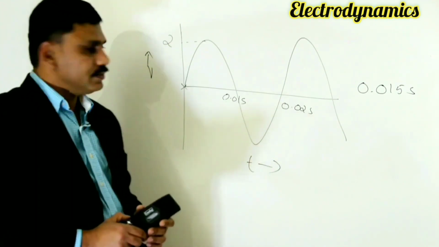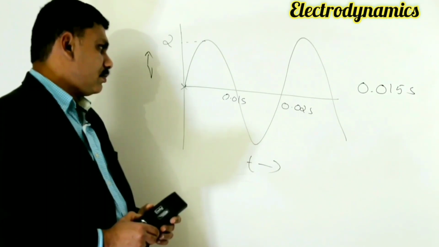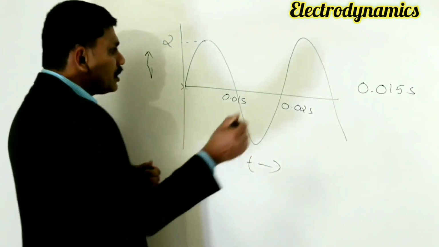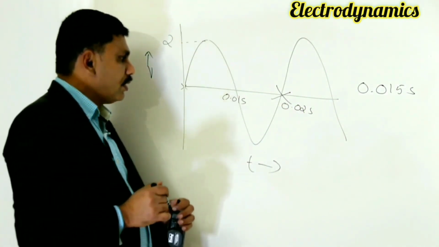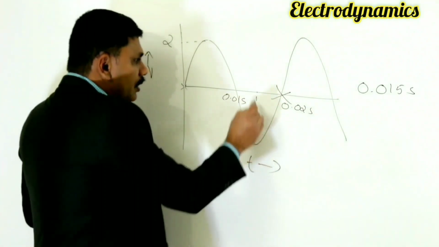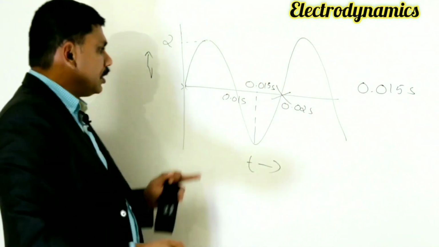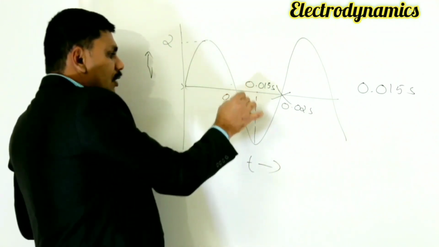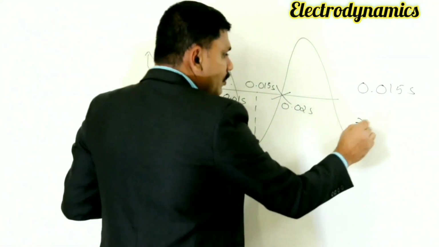How many rotations? How can you calculate it? This is one rotation. When the wave reaches here, this is one rotation, one wave. This is 0.015 second. So how many waves are there? There is a half wave and a quarter wave. So the total number of waves becomes 3/4.